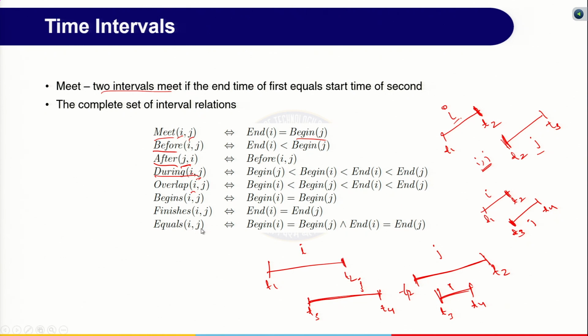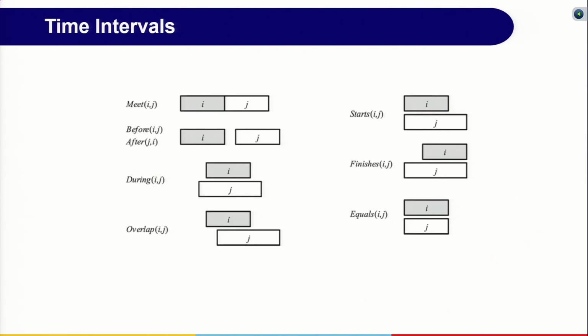In our previous relation, where we looked at before and after, we were only concerned with the start times and end times. Whereas in overlap, we are guaranteed that j has begun before i has ended, and it has finished after i finishes. And begins of i and j says that they both begin at the same time. Finishes says that they both end at the same time. And equal is nothing but the two intervals being exactly equal.